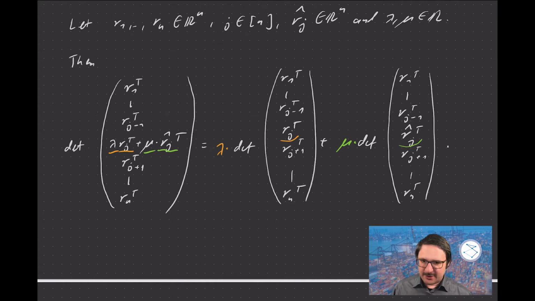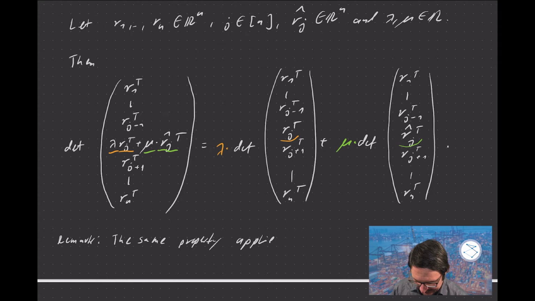Also note, I'm not writing that down formally, but the same property can be applied to column vectors. So if a column is a linear combination of two other vectors, then you can do the same for the columns. So just as a side remark here, the same property applies to column vectors.